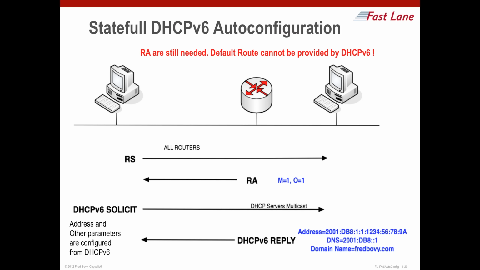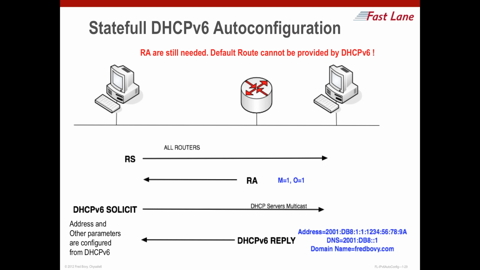Just in case the client is gone, the server, if it does not receive any renew, will send a message to the client to say, hey, Mr. Client, do you want to keep this address?